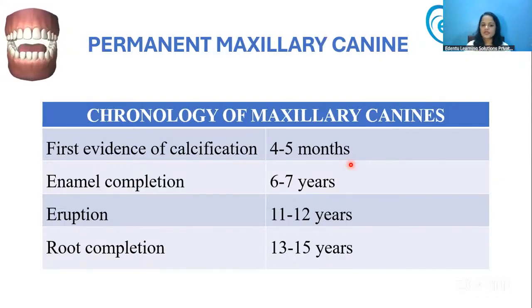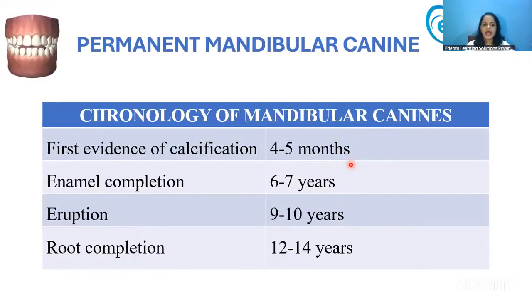And for root completion, from the year of eruption, just add 2 to 3 years. The root completion for the maxillary canines usually takes place by 13 to 15 years, and for the mandibular canines, by 12 to 14 years.